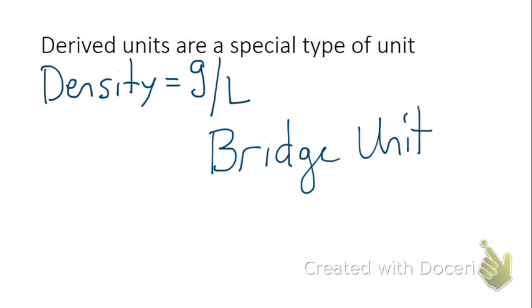It helps bridge that to volume, how much space it takes up. And so it can do that because it's in grams per liter. So let's look at an example. This comes from number 69 in your textbook.